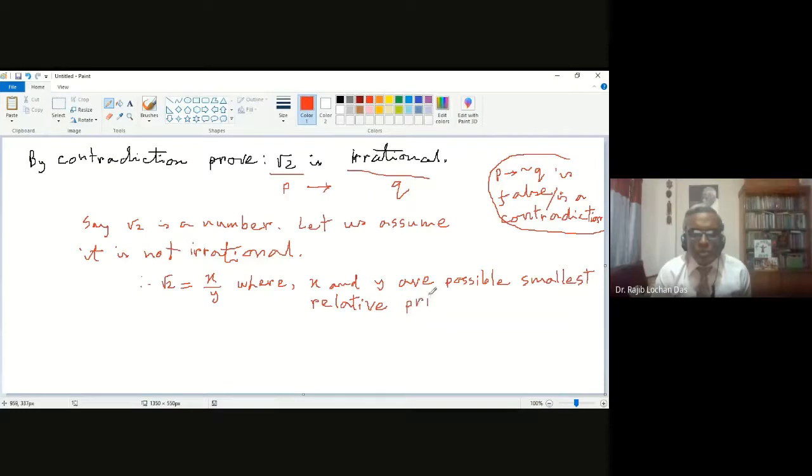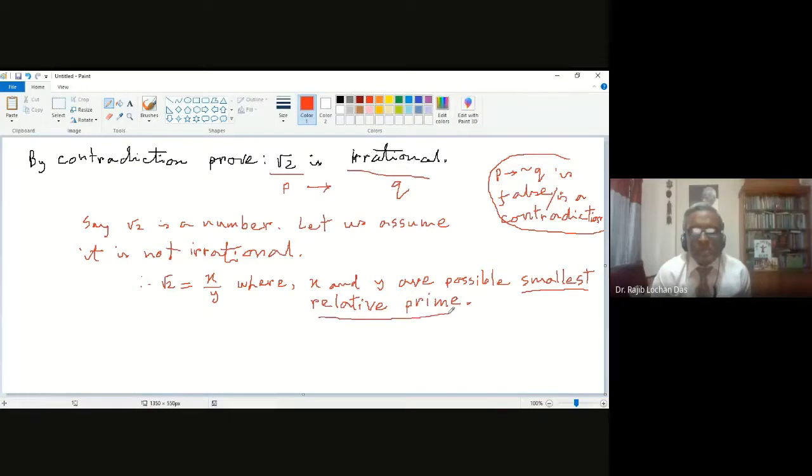We do not focus on this part, and that is why misunderstanding comes. So x and y are not any type of number. These are the numbers which are the possible smallest and which are relatively prime.